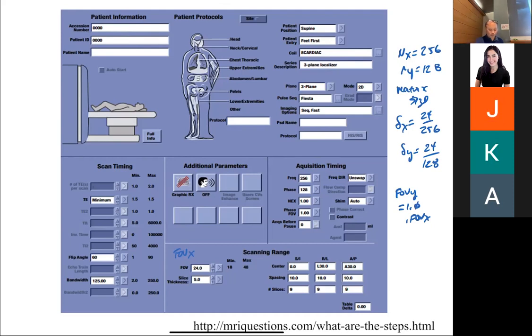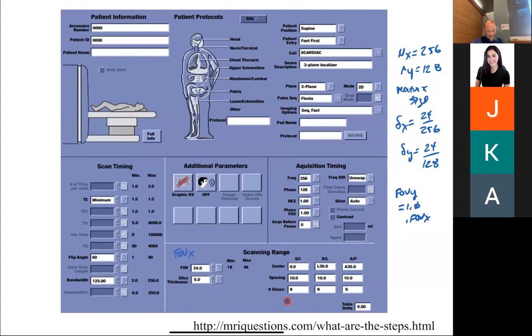And behind the scenes, if you actually go and look at a GE scanner's pulse sequence code, which is not a fun experience, but it's certainly interesting to look at, you will see these calculations where they go from these parameters, from delta x and delta y, and figure out how far to go out in K space.